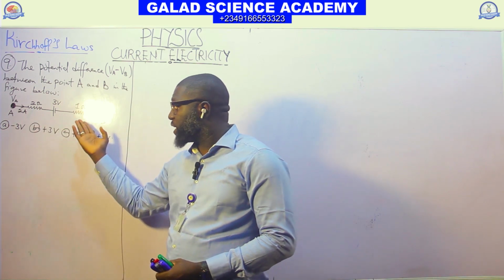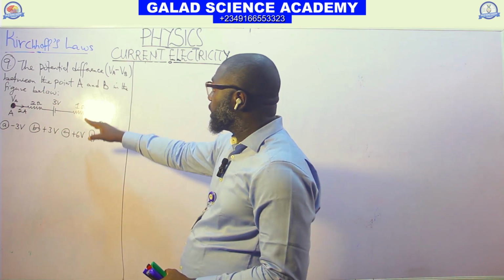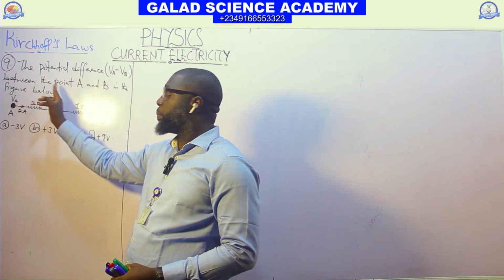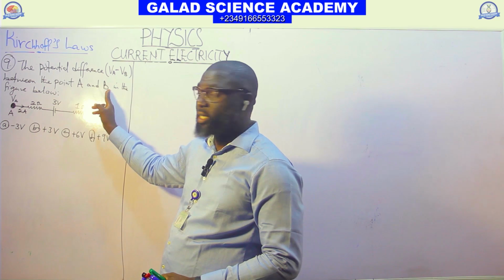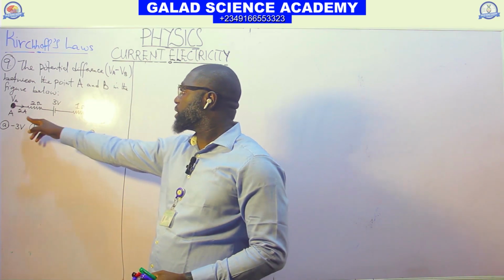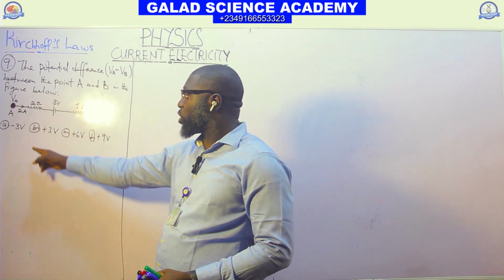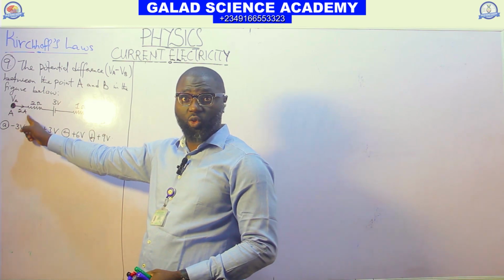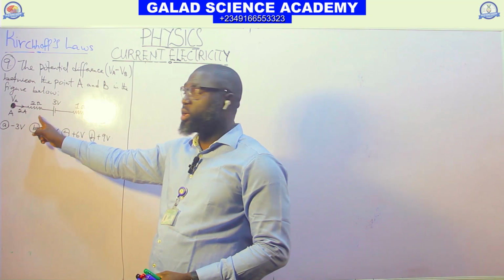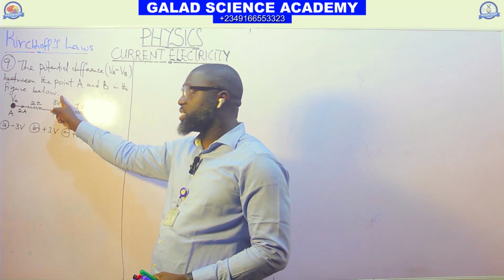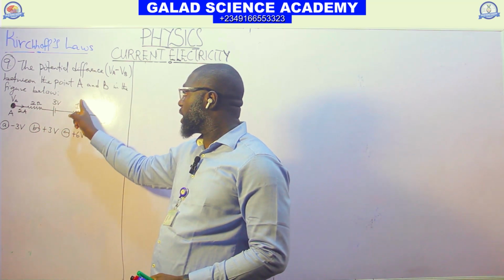If you are given this kind of diagram in your exam, you are asked to find the potential difference between the points A and B. We are given the current flow in the circuit is 2 amperes. We are given resistors 2 ohms, potential difference in the battery 3 volts, resistor here 1 ohm.